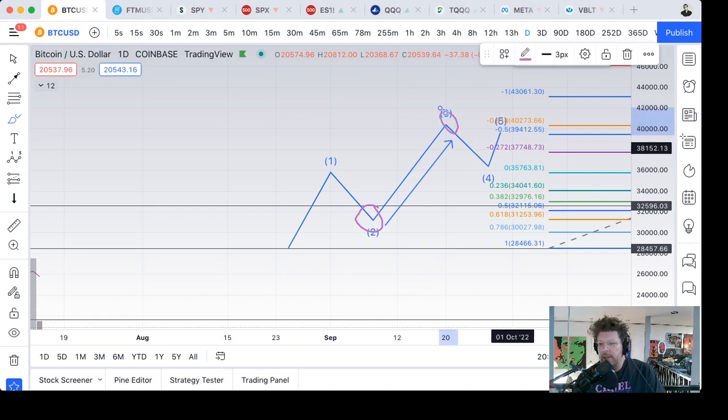I would probably start to take profit at the 1.272, and if it continued, I might take some more off at the 50%, and then I might ride it all the way to 618. Once it hits 618, I'm probably out of this trade, and I'm going to wait and see what it does on wave 4. So that's a good trick. That's how I trade. That's a momentum trade. That's how I trade momentum quite a bit.